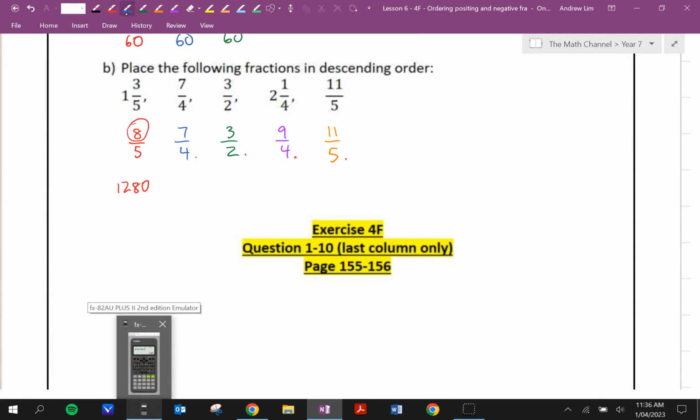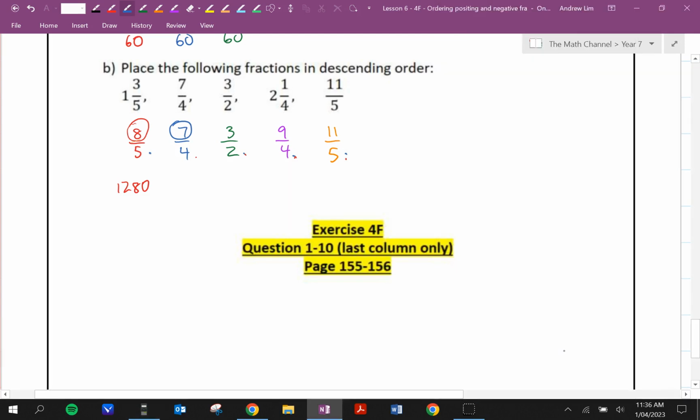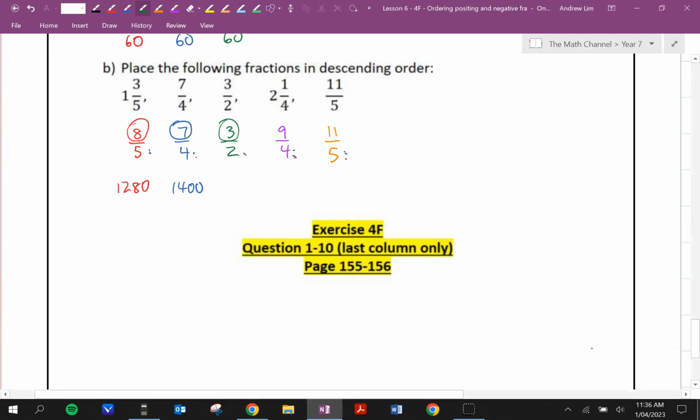What about my 7? What do I need to times my 7 by? I need to times it by 5, 2, 4, and 5, all the other denominators, giving me 1,400. My 3, I need to times by all the other denominators, 5, 4, 4, and 5, giving 1,200.